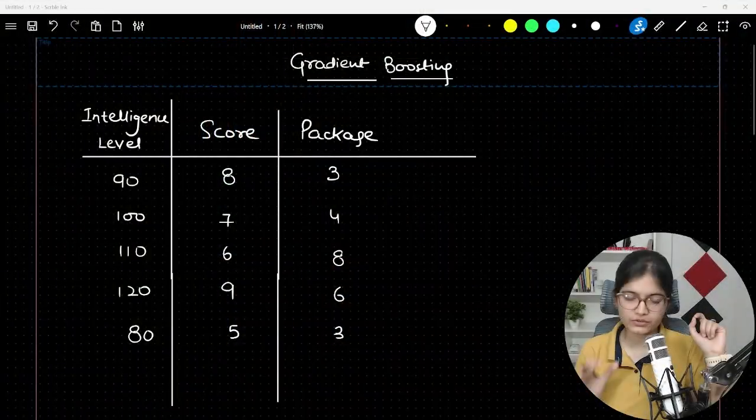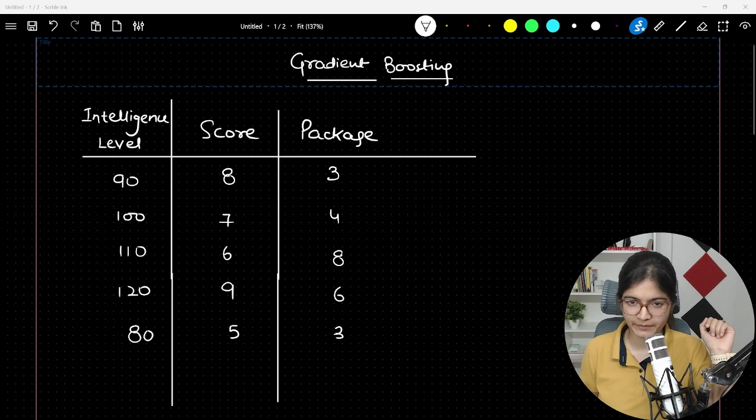So let's understand the maths behind it, how my gradient boosting algorithm will help me with regression, to understand the predictions on new test data. Now let's focus on the mathematical part of gradient boosting.